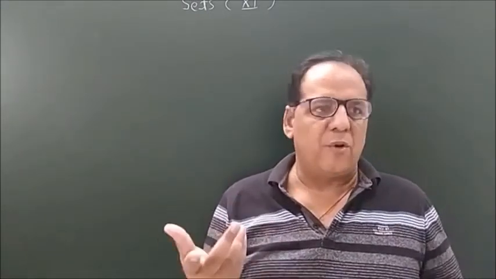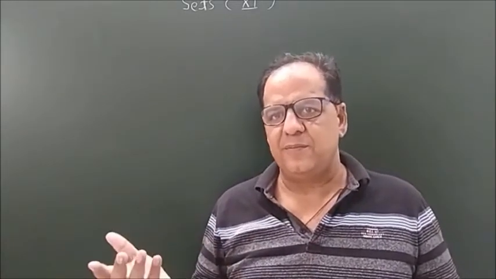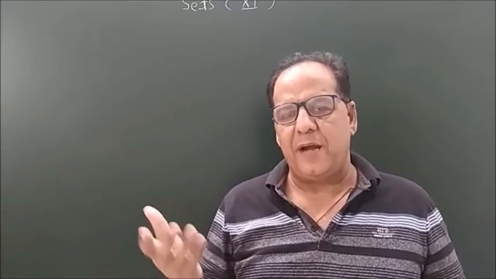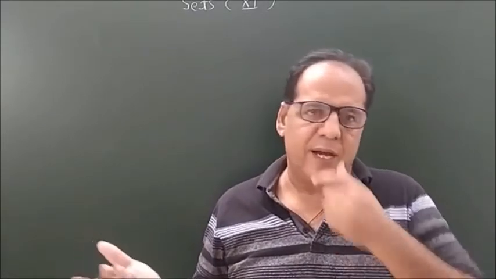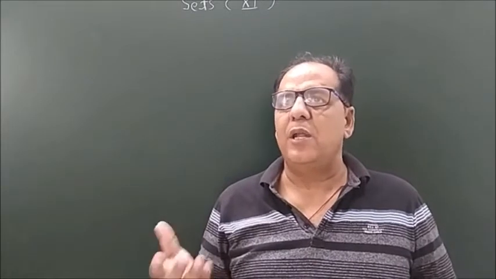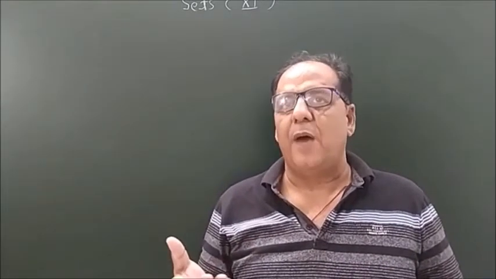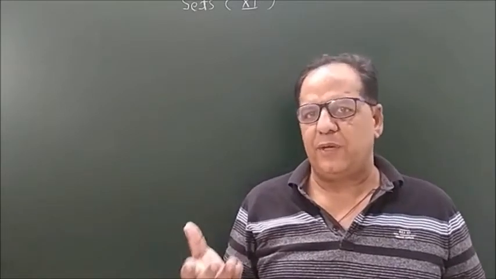In roster form, all the elements of a set are listed and separated with commas, and in set builder form, all elements of the set possess a single property, and then we can represent it.